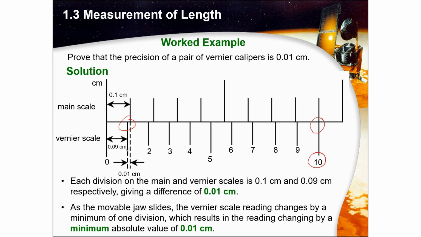As the movable jaw slides, the vernier scale reading changes by a minimum of 1 division, which results in the reading changing by a minimum absolute value of 0.01 centimeter. So remember, whenever we want to move it, we have to at least get a 0.01 centimeter.